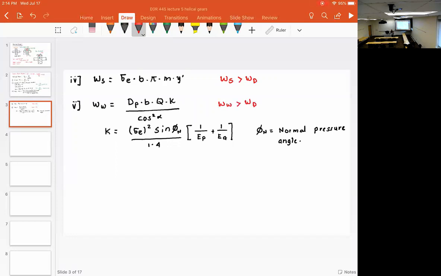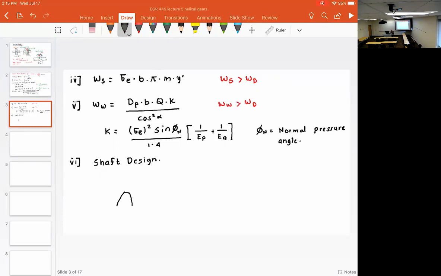The last part of the problem, and this is slightly tricky for helical gear design, is the shaft design. Before we talk about shaft design, I just want to draw a three-dimensional pictorial view of the loads that are coming on the helical gear. Let's start with a simple case of spur gear.